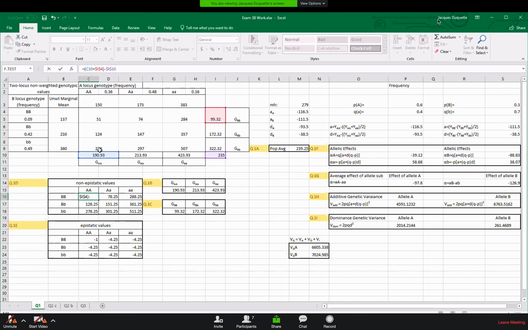The average of them? Yeah. Okay, so 150, right, I got that, but isn't it 150 and 137 to put in here? See what I'm saying? Because we're doing the non-epistatic for BBAA, both capital, so it's got to be these two, doesn't it?